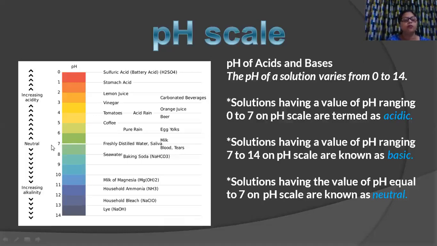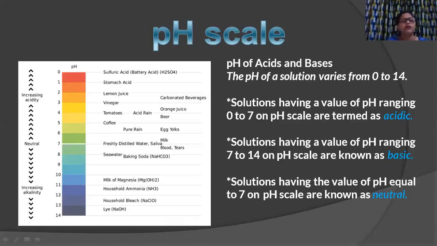And when we go above 7, the substances show that they are increasing their alkalinity. So here in this pH scale, from 0 to 7, this value shows the acidic nature, and from 7 to 14, this value shows the basic nature.